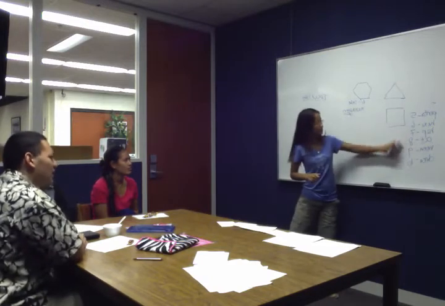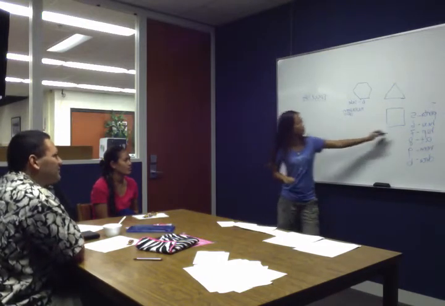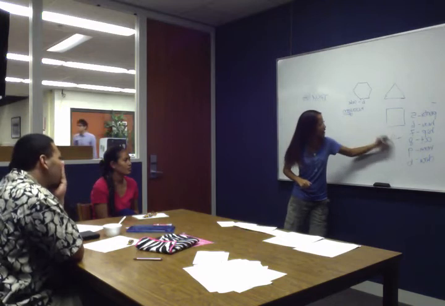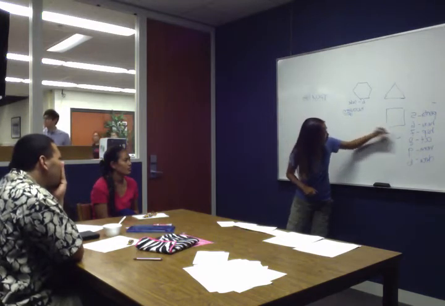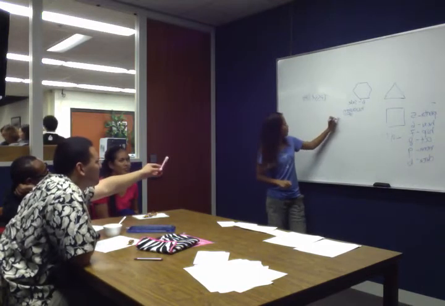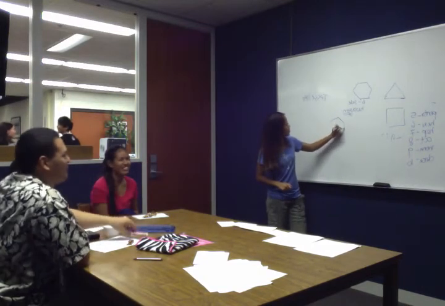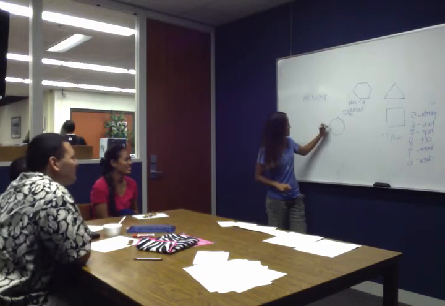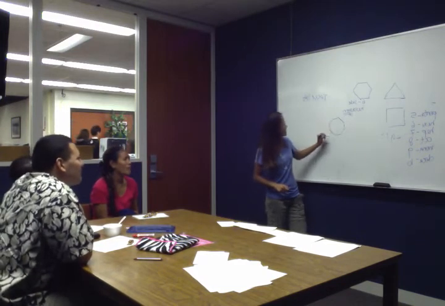Now if we put gon after them, we describe the shapes. So let's say 10: 1, 2, 3, 4, 5, 6, 7, 8, 9, 10. So that is a decagon.